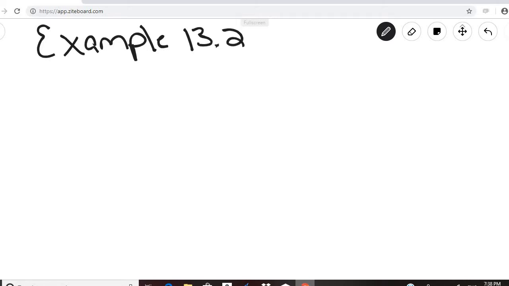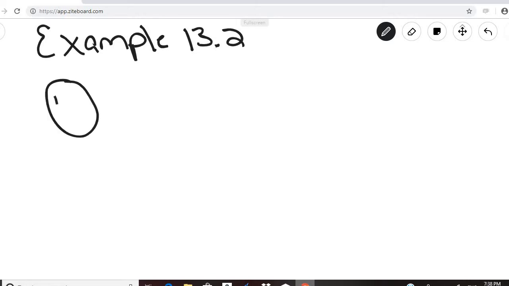We will start with example 13.2. In example 13.2, we are given charges that are in a straight line, but there are more than two charges. So here is the situation that we have.